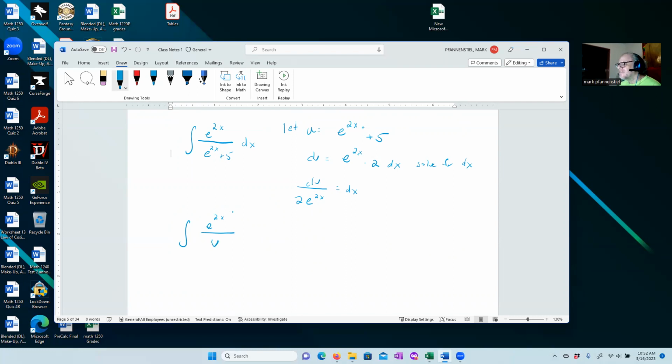Now my dx, that's du divided by 2 e to the 2x. So notice that the e to the 2x is canceled. That's the whole point of doing this. This is all times, so this is a 2 that's out in front here. So this is 1/2 times 1 over u, and then the du is on the top here.